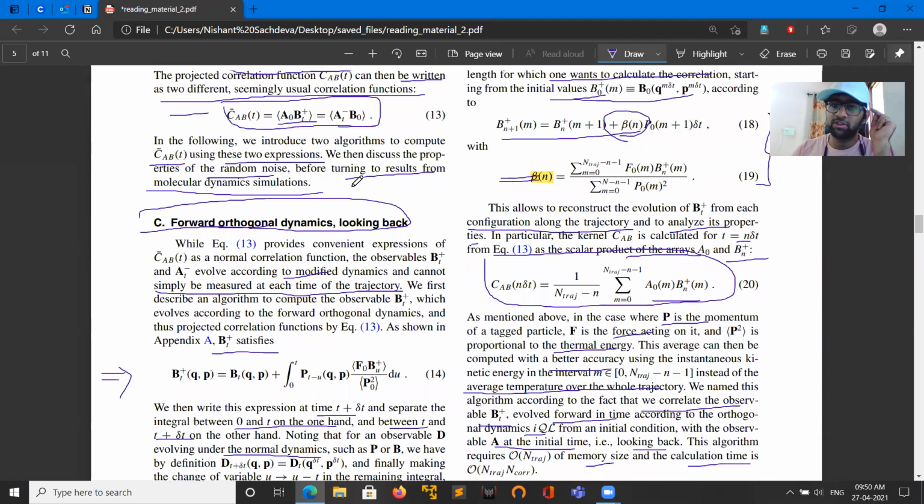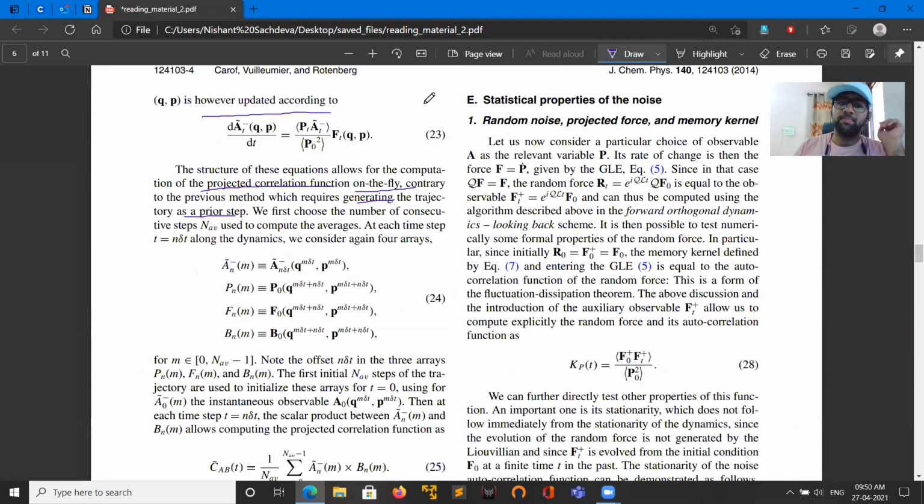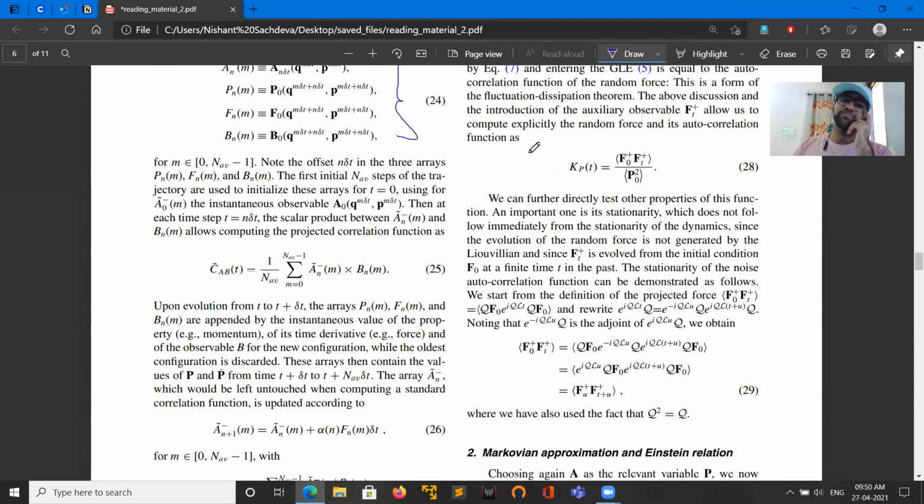So here we were dealing with the fact that the entire trajectory is there with us, then we process on it. But here we can compute things on the fly, right there on the spot. We first choose the number of consecutive steps N average to compute the averages. At each time step t equals n delta t around the dynamics, we consider again 4 arrays, analogous to what we did above, for n belonging to 0 to N average minus 1.